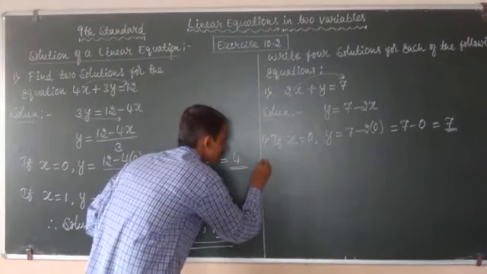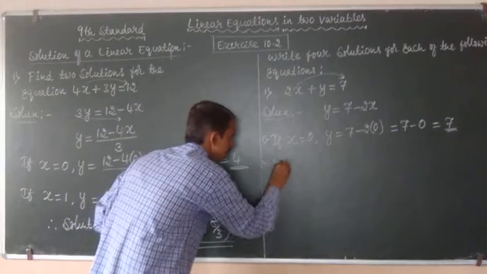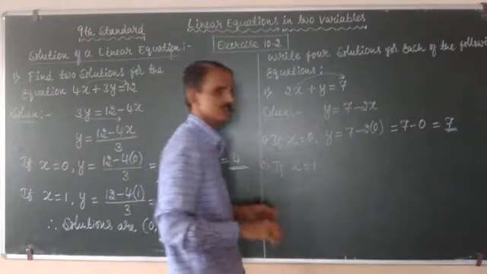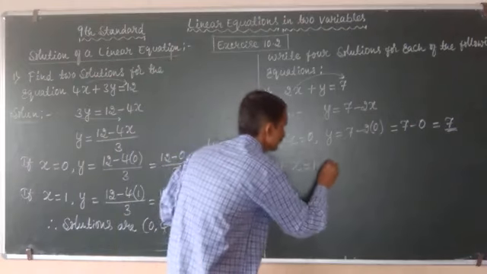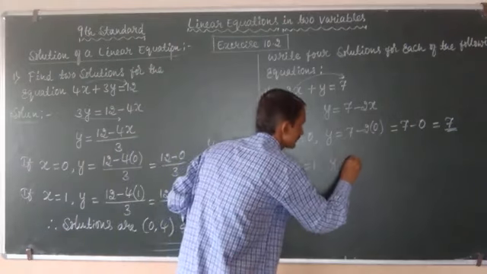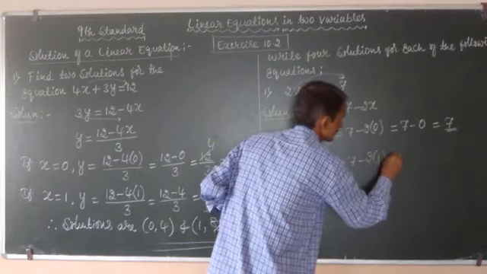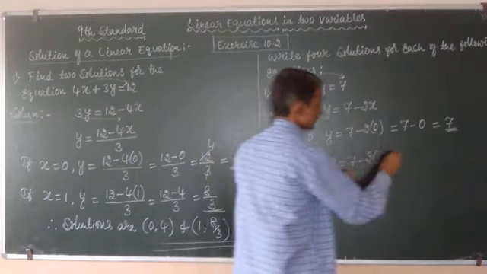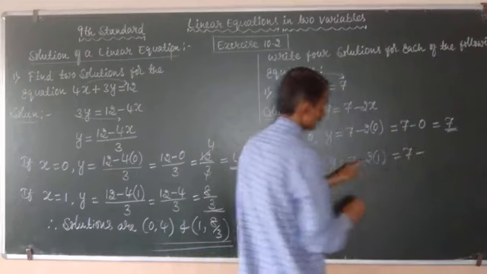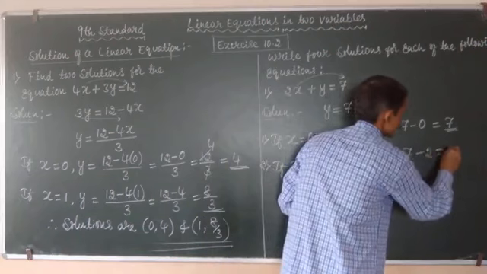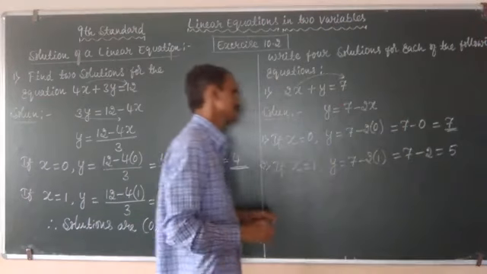So second solution, if x equals 1, second time 1 ತಗೋಣ, y equals 7 minus 2 into 1 equals, write 7 as it is, minus 2 ones are 2. So 7 minus 2 it is 5.